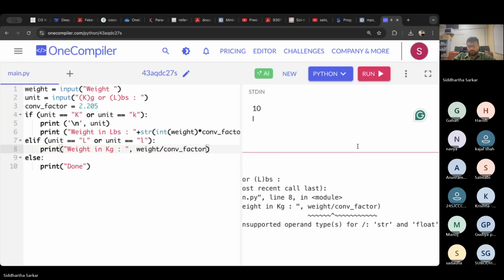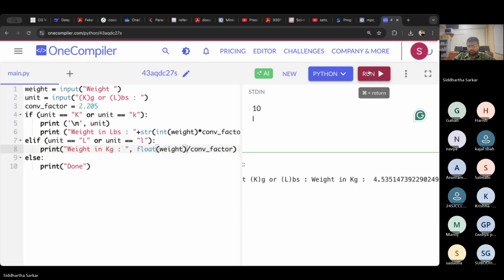That doesn't work. So weight is integer, and weight by a float is not working. Can I make it float and it will work? I have not practiced for a long time. Yeah, both things have to be float.